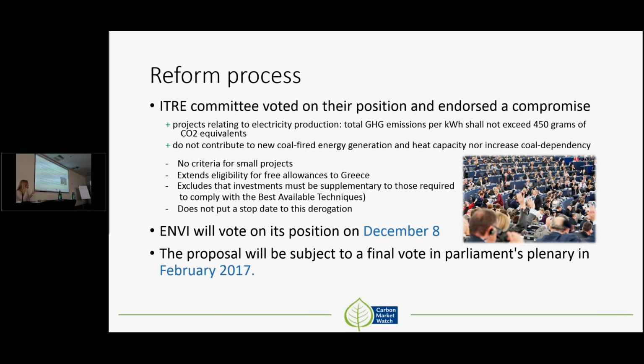On the other hand, the very bad part is that there is no criteria for small projects, meaning projects under 10 million euros, and they want to extend the eligibility of these free allowances to also Greece. So Greece could, in theory, build two new lignite plants with investments from this derogation.